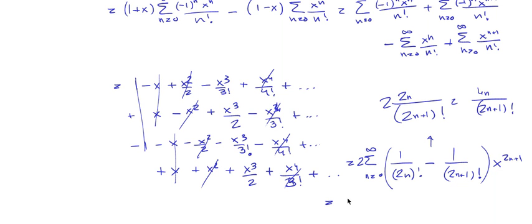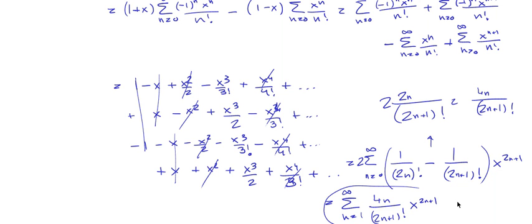So the final sum is the sum from n equals 0 to infinity of 4n. It's not from n equals 0, right? Because it's from n equals 1, because these two terms go away. From n equals 1 to infinity of 4n over (2n plus 1) factorial times x to the 2n plus 1.